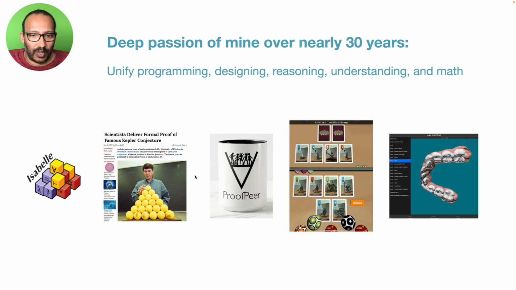And that inspired the ProofPeer project. I joined the University of Edinburgh for this project, and I worked on it together with Jacques Fleuriot, David Aspinall, and Phil Scott. The topic was collaborative theorem proving as an evolution of interactive theorem proving.